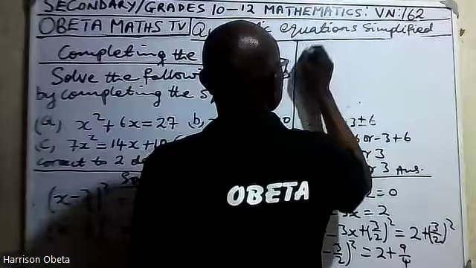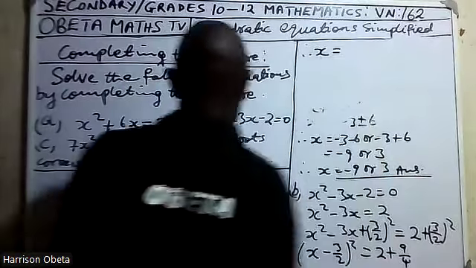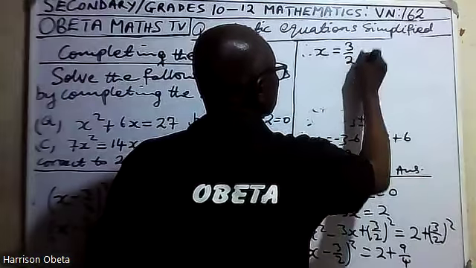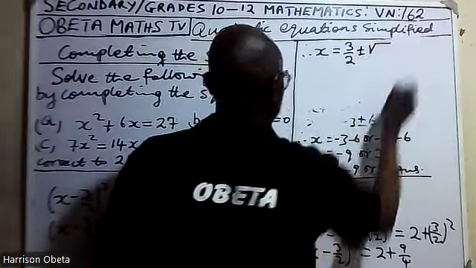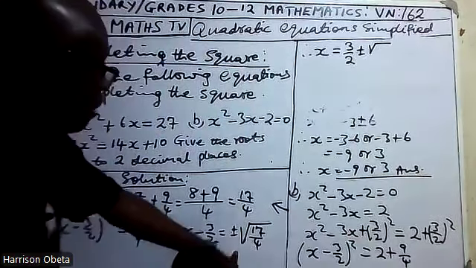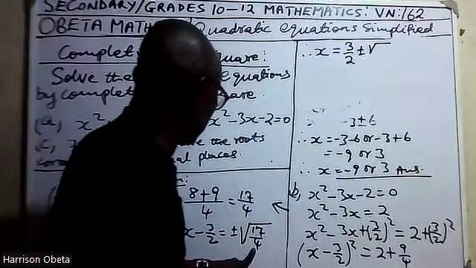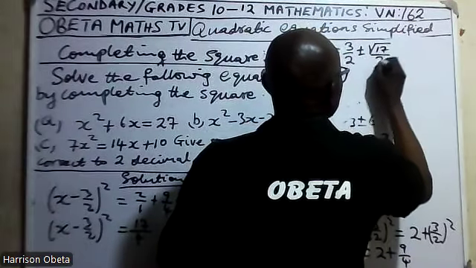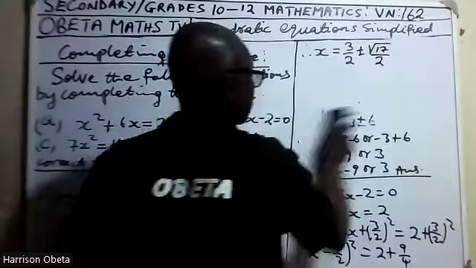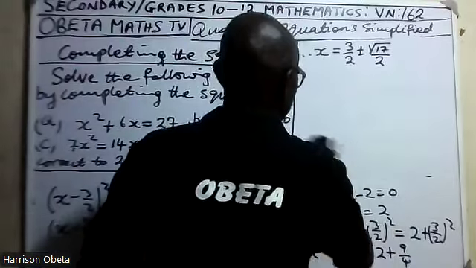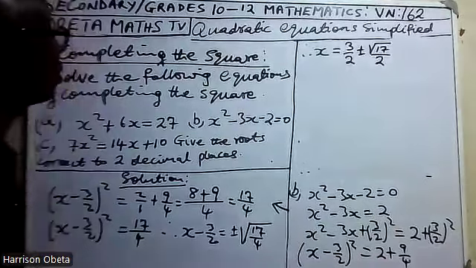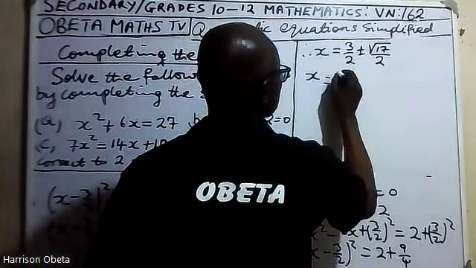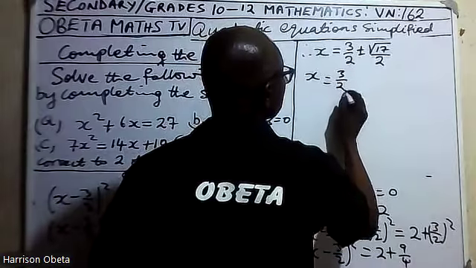That will give us x equal to, you take this to the other side, 3 over 2 plus or minus the square root of 17 over 2, because the square root of 4 is 2. So, moving on now, we have x equal to 3 over 2.